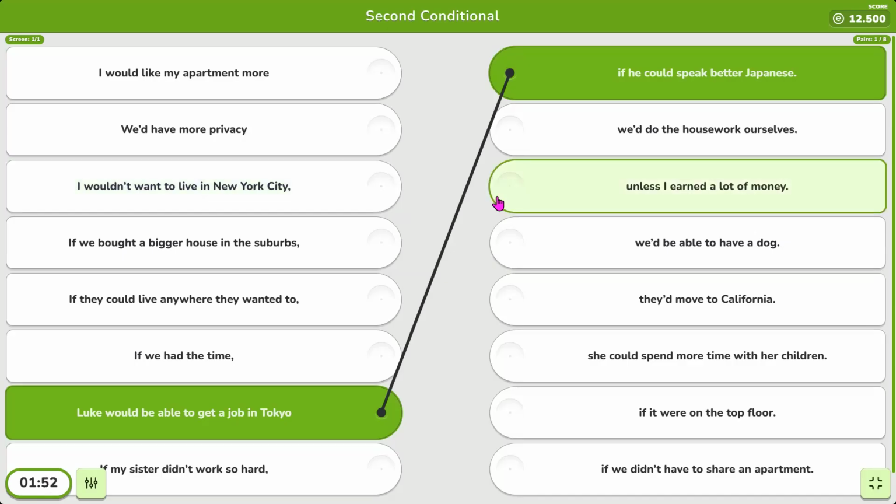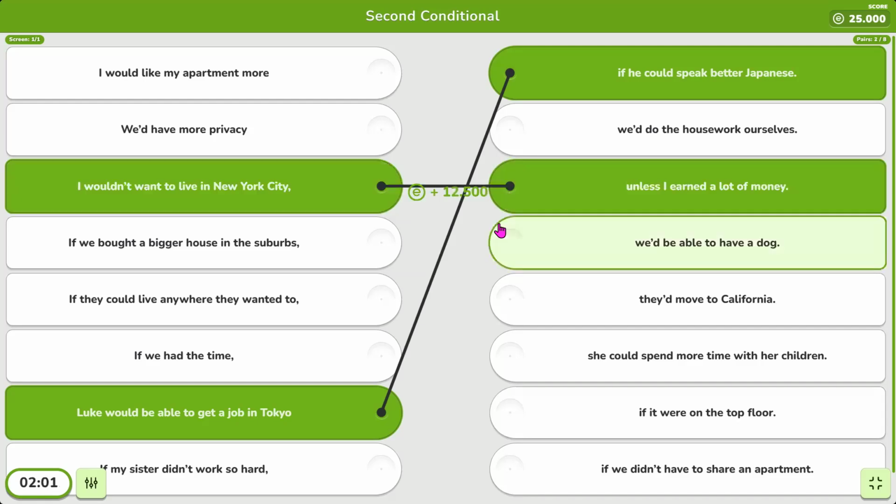Because New York City is expensive. So you need more money. But this is hypothetical. Okay.